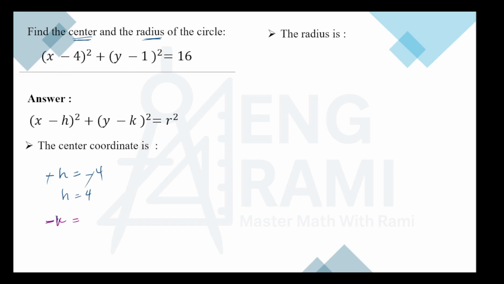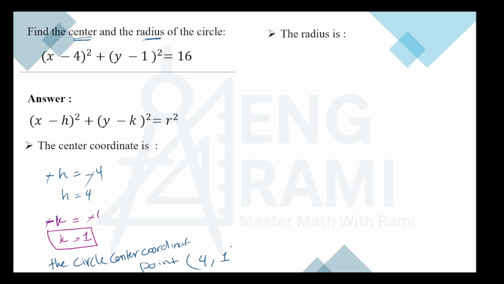And minus k equals minus 1. The same, then this will cancel this. Then k equals 1. Then the circle center coordinate or point is 4, 1.